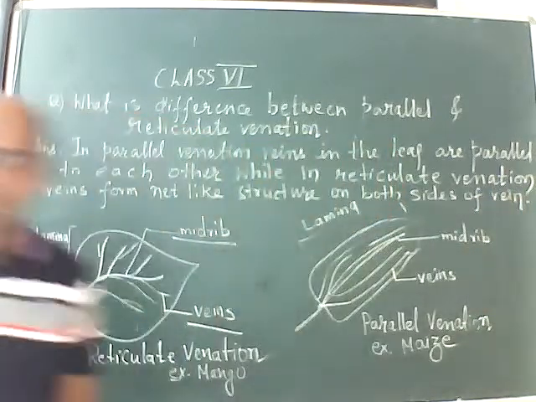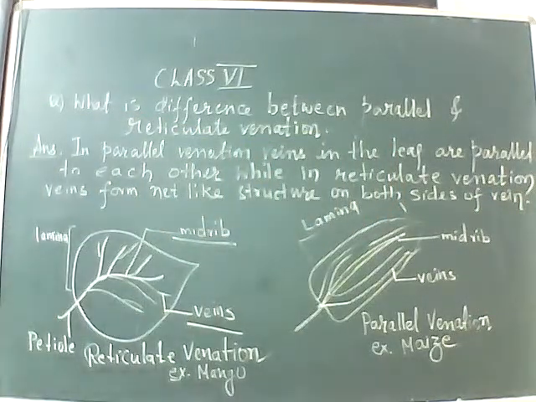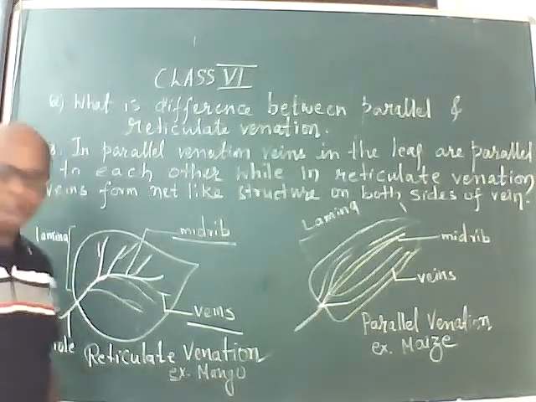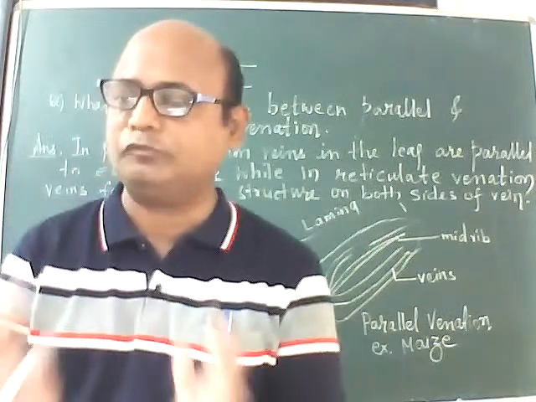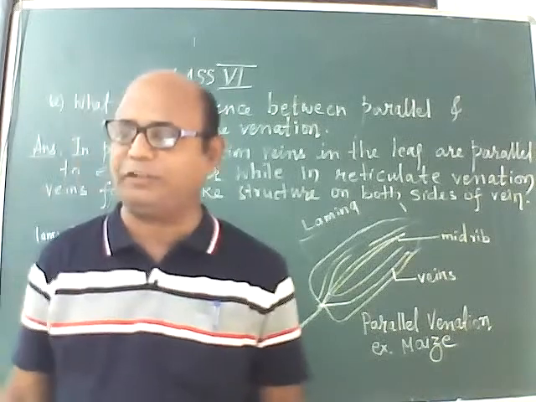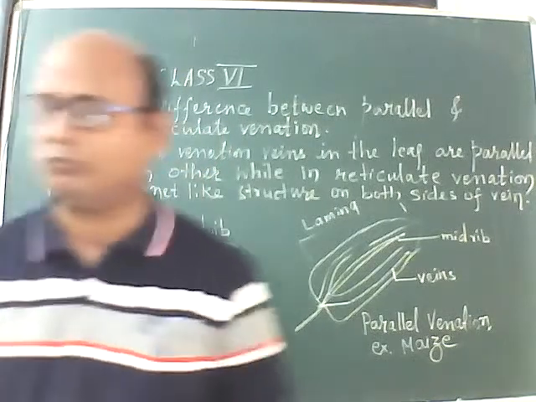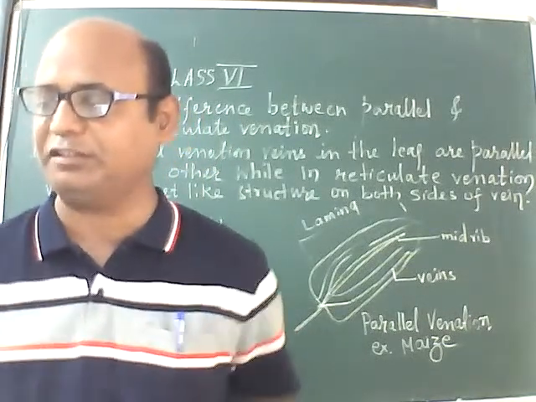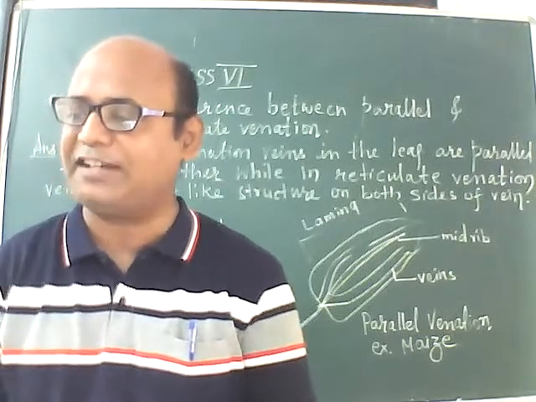Okay, that is the difference between reticulate venation and parallel venation. Then the next question regarding this. In case of reticulate venation, we will find the plants having which root?